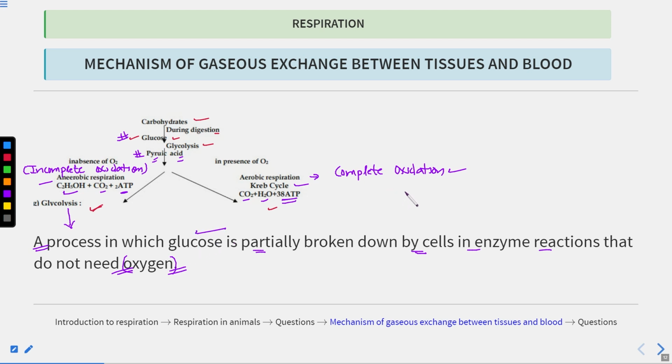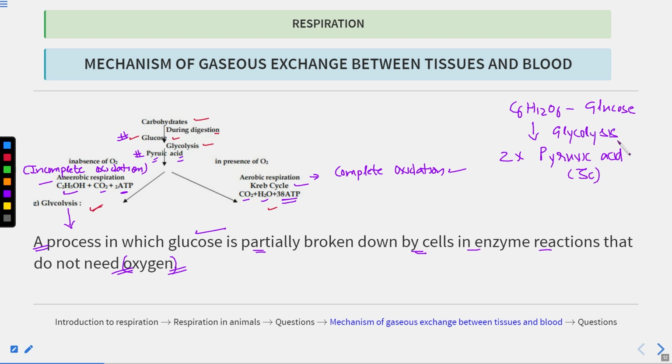Glucose, which is a 6-carbon molecule, C6H12O6, is broken down into two molecules of a 3-carbon compound known as pyruvic acid. This happens by the process known as glycolysis.